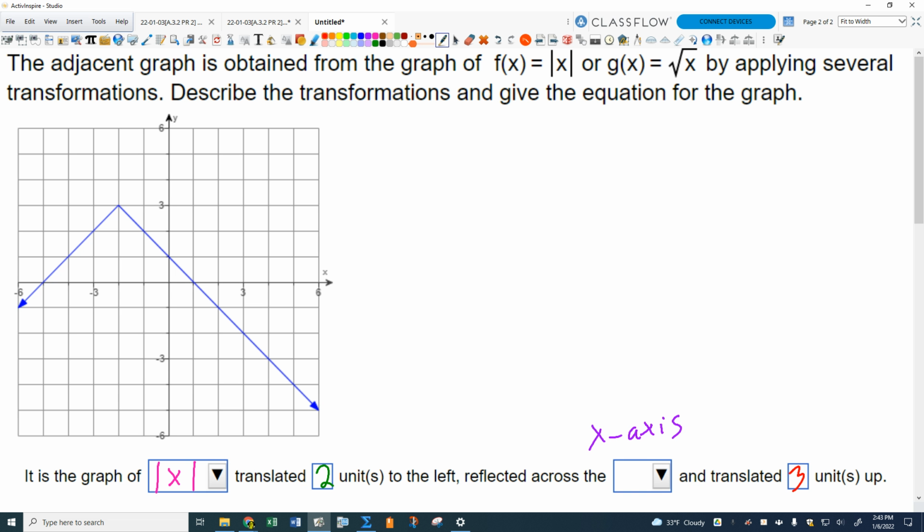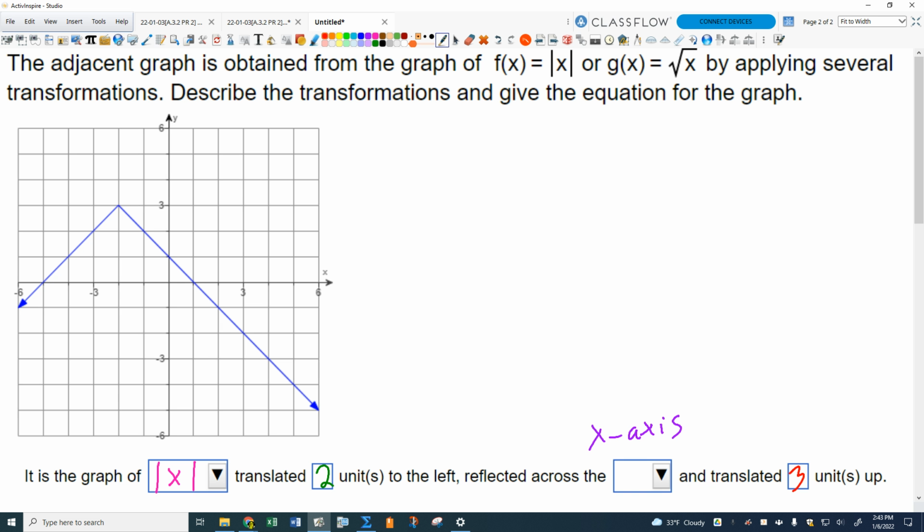So now I want to turn those into values of our parameters. What's this telling us right here? The green 2 is being translated 2 units to the left. Which parameter is that assigning a value to? H. And what's the value of H, everybody? It's going 2 to the left. Okay, well, the value of H is -2, but here's the thing.